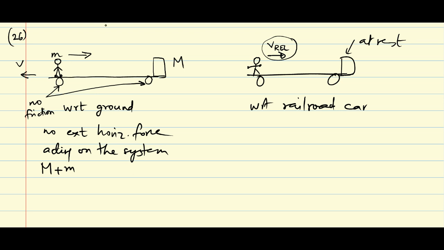So using our concepts of relative motion, it's pretty clear that the man does move towards the right with respect to the car, and at the same time the car drags him back left. So his velocity in the ground frame is v relative minus this v.